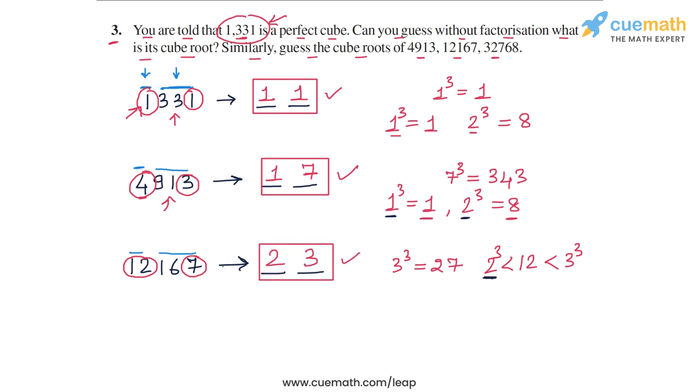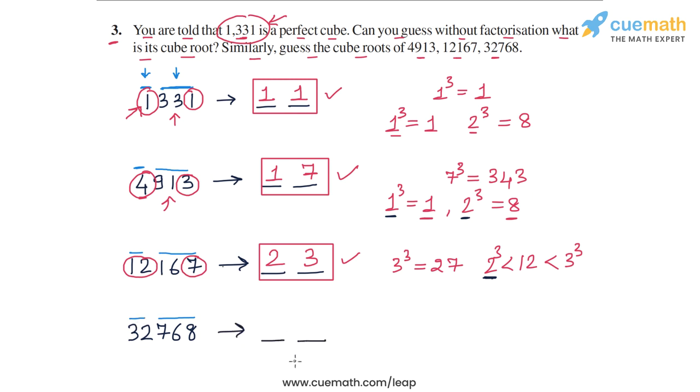And finally, let's go to the fourth number, which is 32,768. Once again, let's start by making groups of 3 digits. So we have 768 and then we have 32, and now we have to figure out the 2 digits in the cube root.